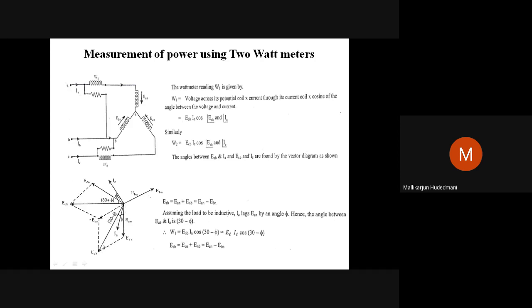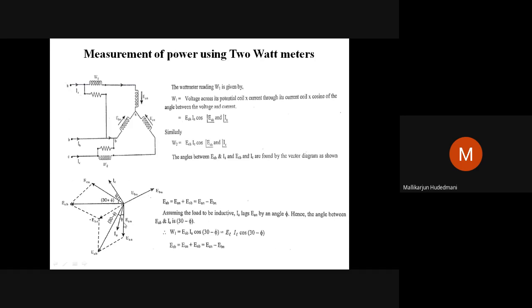Make this diagonal constructed. Now this diagonal will bisect this angle into two parts, 30 degrees and 30 degrees. Okay. First angle over here is 30, another angle is 30. Now for me, the angle between EAB and IA is interesting. So where is EAB? A diagonal here. Where is IA? Is here. This included angle between them is my requirement.